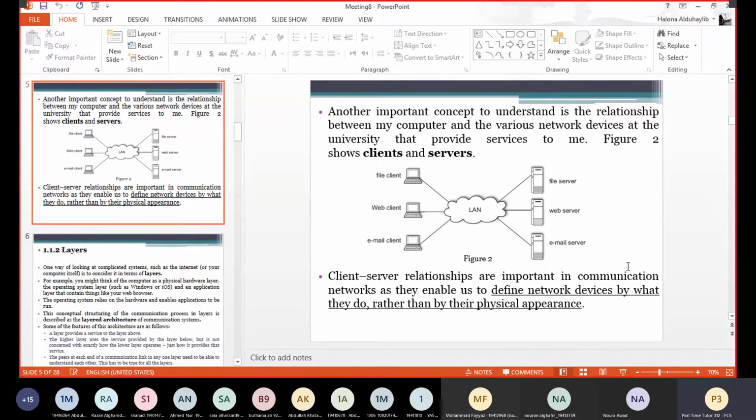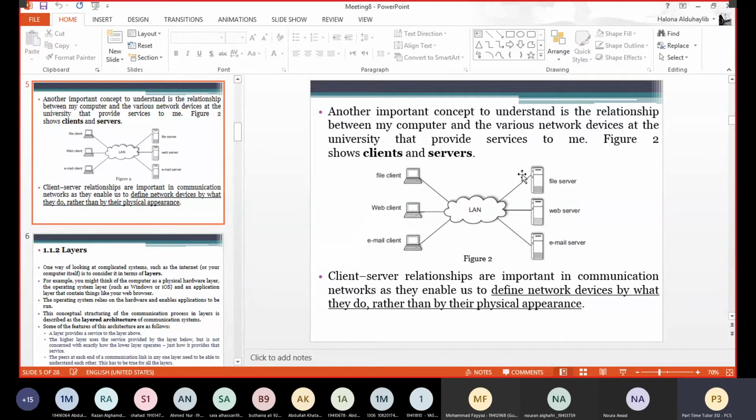So another important concept to understand is the relationship between the computer and the various network devices at the university that provide service to you. Another concept is to think of a client requesting some files or some services from the server. Both of them are connected through a LAN, local area network, and the file is stored on the server.